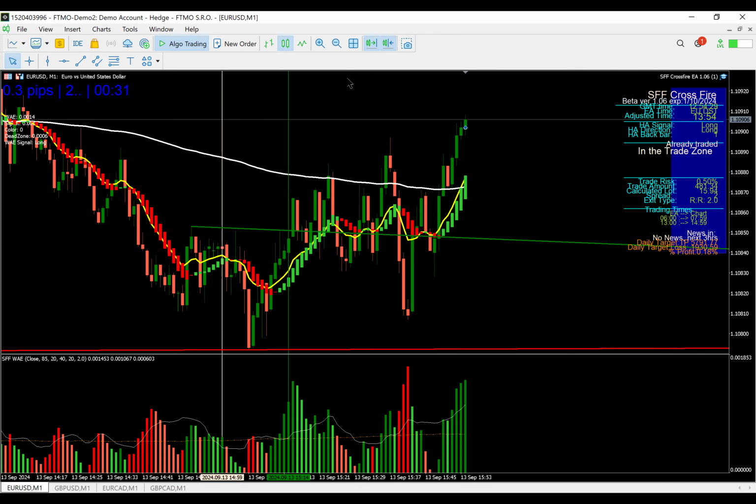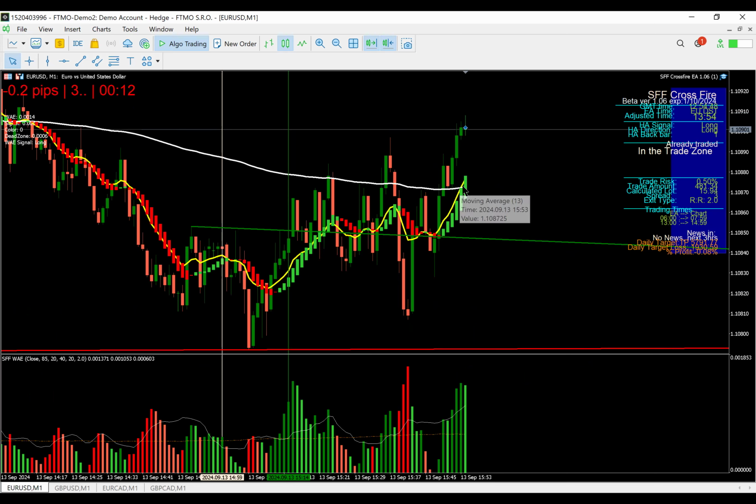Now these are both US dollar pairs. When I was trading manually, I probably wouldn't have got into two US dollar pairs, but now that we've discovered this crossover seems to work for us, I'm more confident taking two similar.